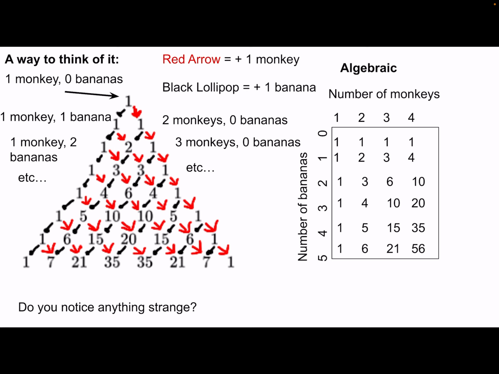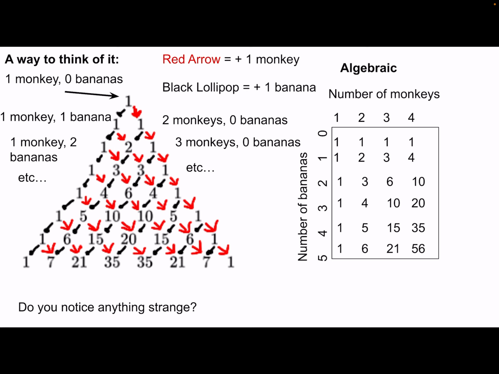For example, if you go down to the very bottom and go for eight monkeys, if you decide to try and get to the left 35, there will be 35 ways to get to that number. And if you try to get to the right 35, there will be 35 different ways to get to that number.